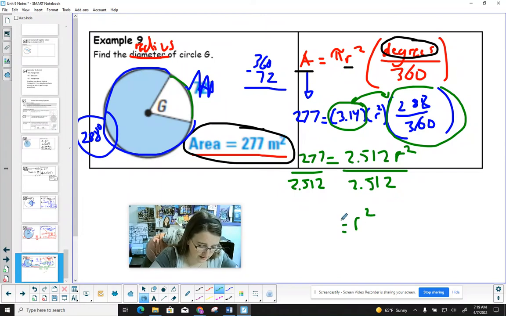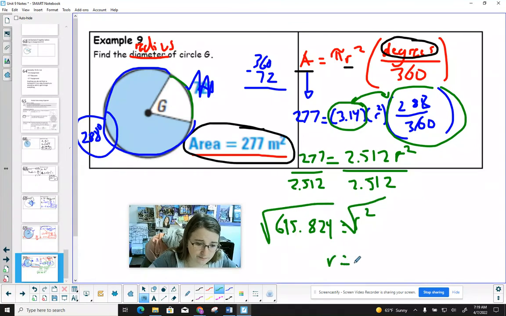So I have 277 divided by 2.512. But I cannot get rid of that square until the very end. It has to be the last step. So I am going to square root both sides. Let's shift square root. And we get 26 point, this is 37, so it should round to 4.